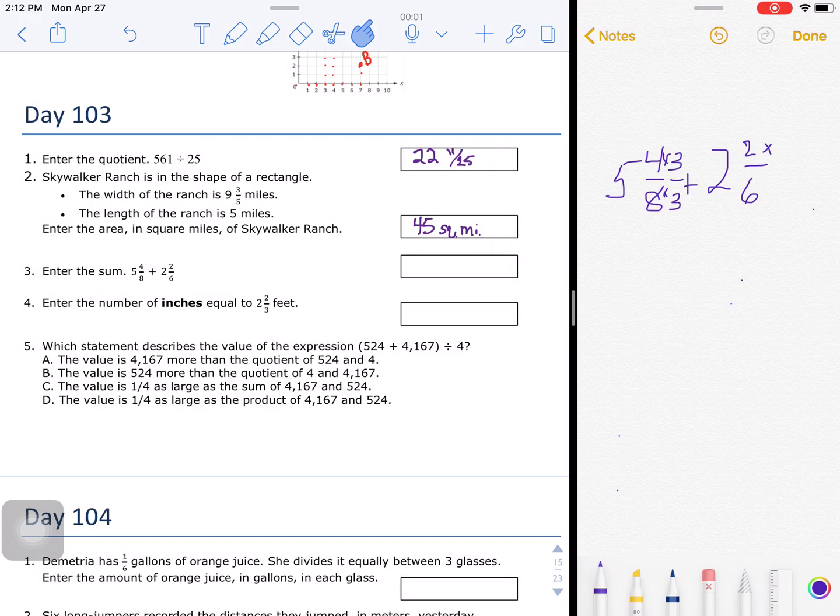And in order to get 24ths out of 6, I'm going to multiply by 4/4. So I have 5 and 12 24ths plus 2 and 8 24ths.